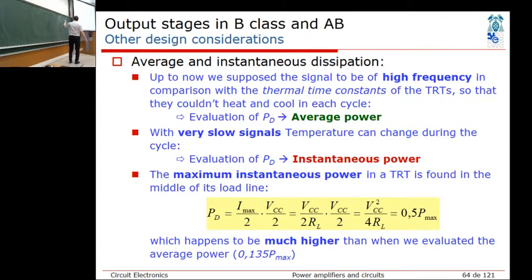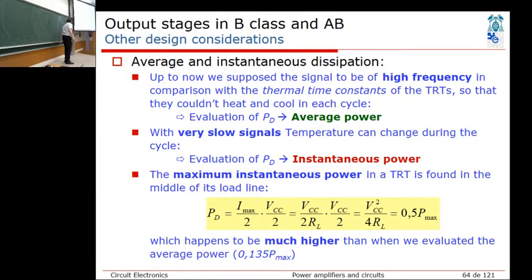But for slow signal, it starts heating the transistor more on the duty cycle. Okay. So basically, you need to go on slow or very slow signals to do the instantaneous power calculations.